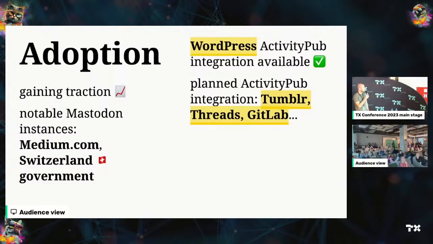About the adoption: definitely more and more users are joining the Fediverse. Especially a lot of users have migrated from Twitter to Mastodon because of the recent controversies, but also from Reddit to, for example, Lemmy, because of the recent changes in the terms of use and privacy policy and similar.